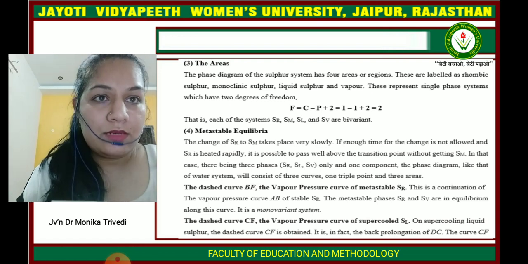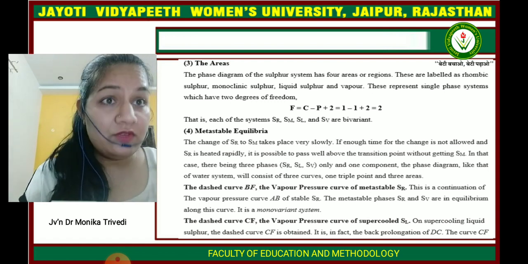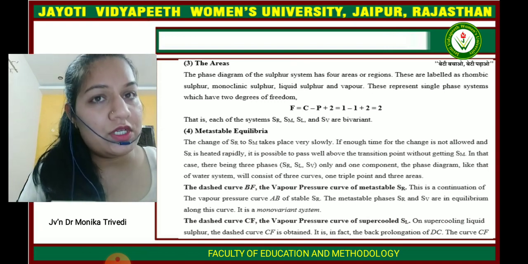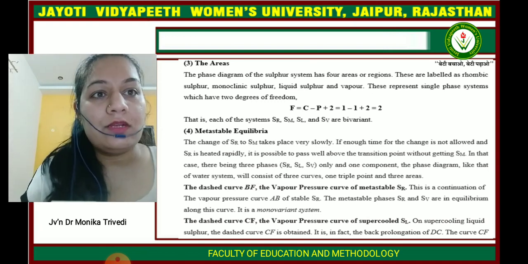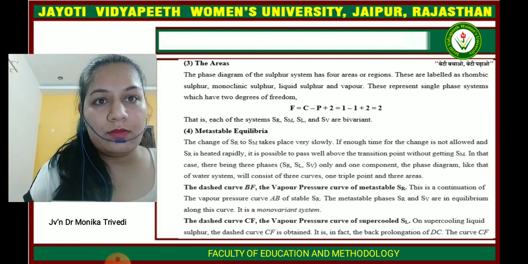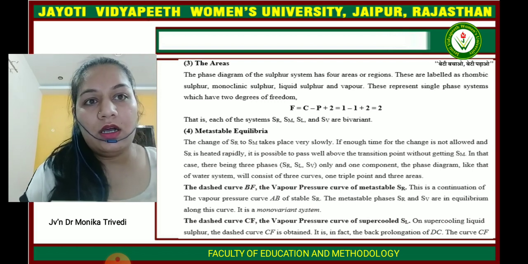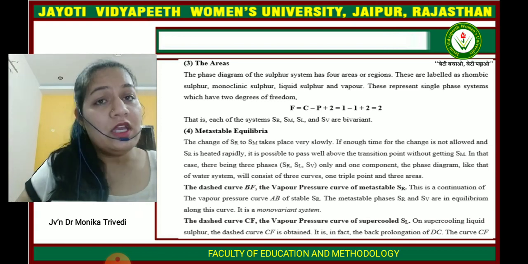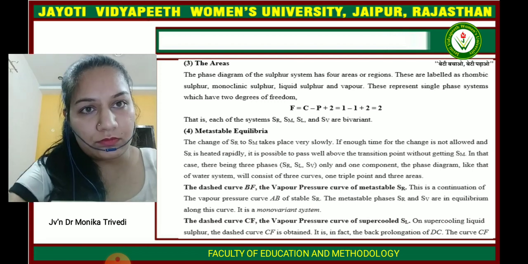In that case there are only three phases: sulfur rhombic, sulfur liquid, and sulfur vapor, and one component. The phase diagram, like the water system, will consist of three curves for the triple point.